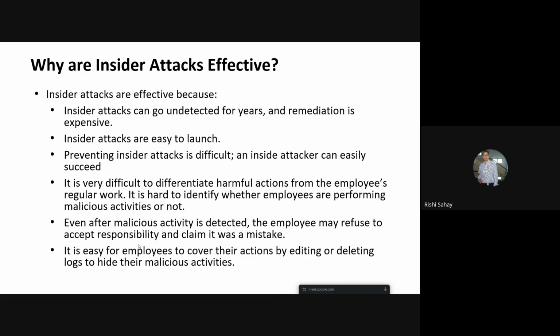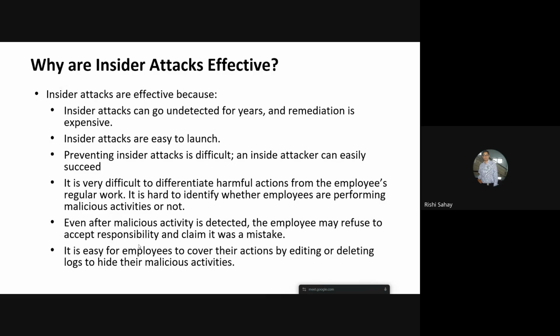But once we have a proper zero trust implementation, and if we don't provide a lot of privilege to one person, then to some extent we can mitigate those issues. And also we should have proper policies and procedures in place.